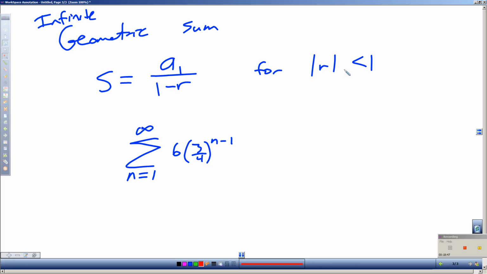So is the common ratio less than 1? Okay, then we can use this formula to add it up. So this is equal to, what is a1? 6. Divided by 1 minus 3/4. 6 over 1/4, which is 24.